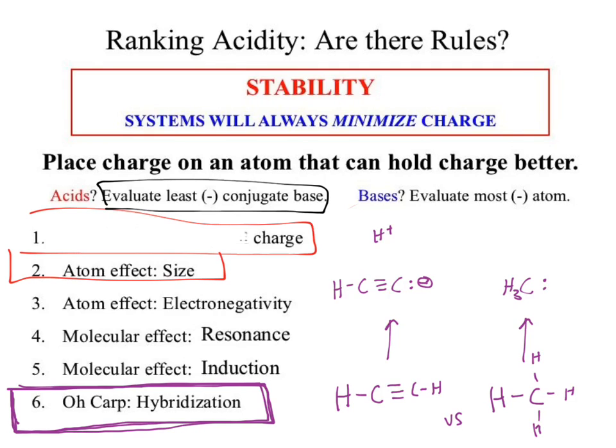I'm not going to show all those hydrogens. What are we comparing? The stability of those two structures. Charge. Is there a difference in charge? No. What's the atom holding the charge? Carbon, in both cases. Is there a difference in size? No. Is there a difference in electronegativity?